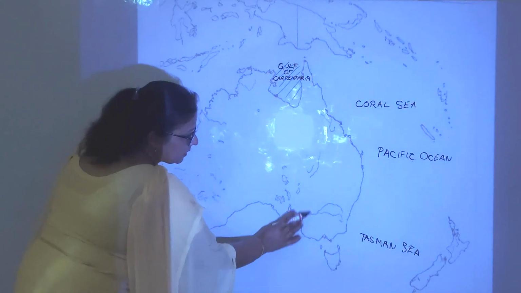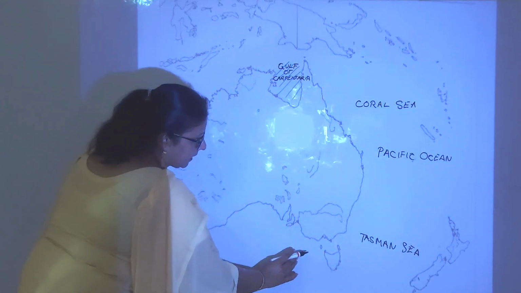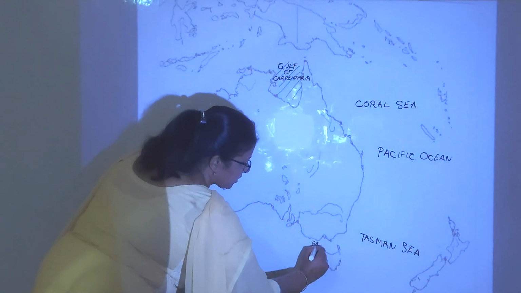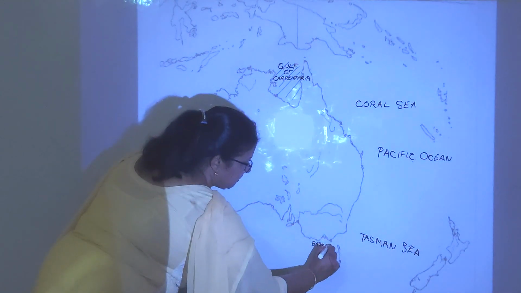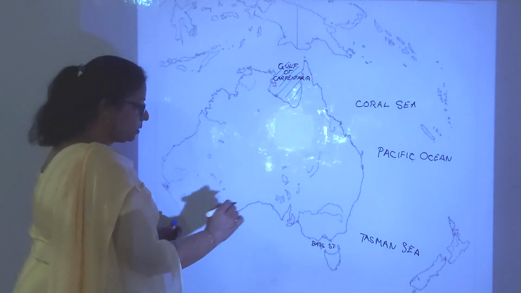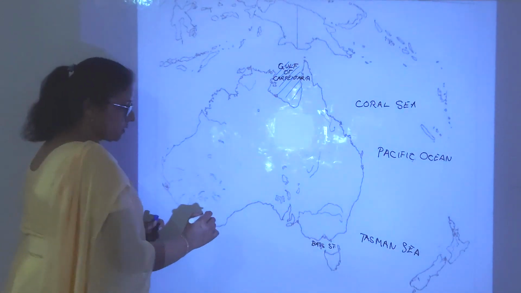In between the mainland of Australia and Tasmania, we have a water body which is known as the Bass Strait. I've written S and T full stop. You can write the entire word Bass Strait.